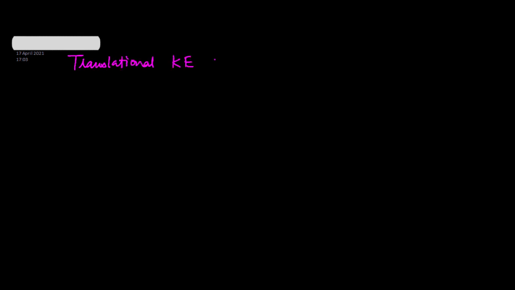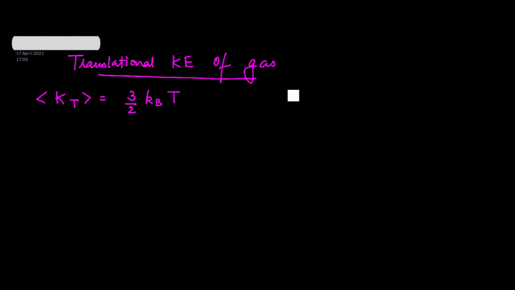Translational kinetic energy of gas. So far we were talking about average translational kinetic energy of one molecule. For one molecule it turns out to be 3/2 kBT. Or you can also write 3/2 m and then average of Vx square.